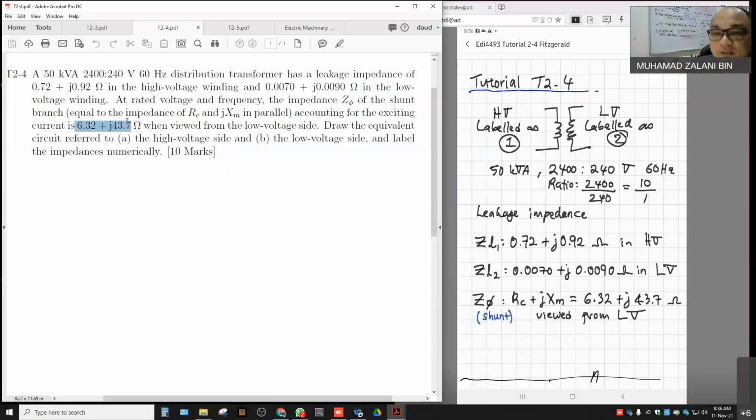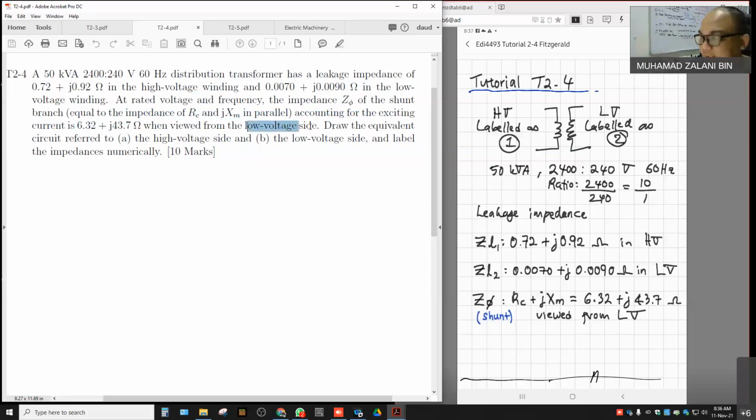This is the value of the shunt branch Zφ. When there is an exciting current, its impedance is 6.32 plus j43.7.